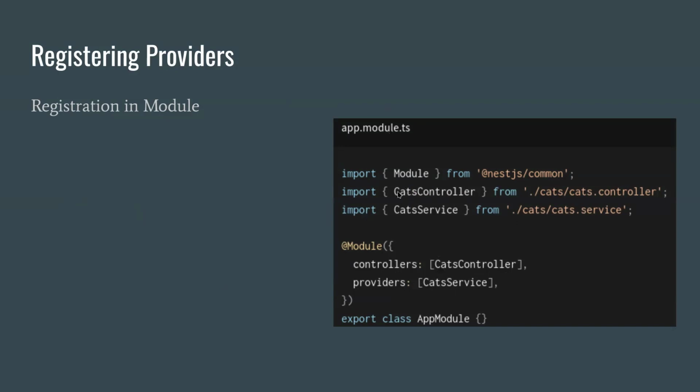So this is the app module class where you add the cats service to the providers array of the module decorator. By doing this, NestJS can resolve the dependencies of the cats controller class. And this step is really important for enabling dependency injection in your application.